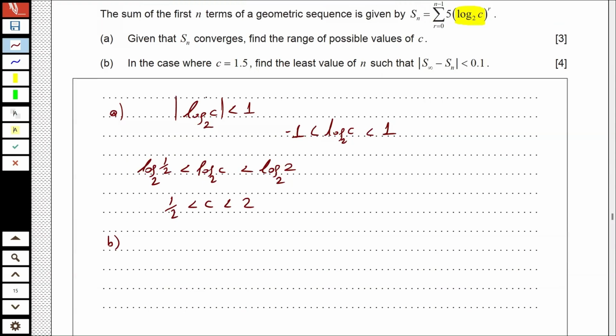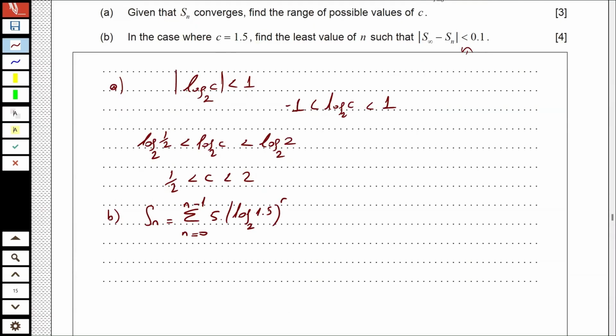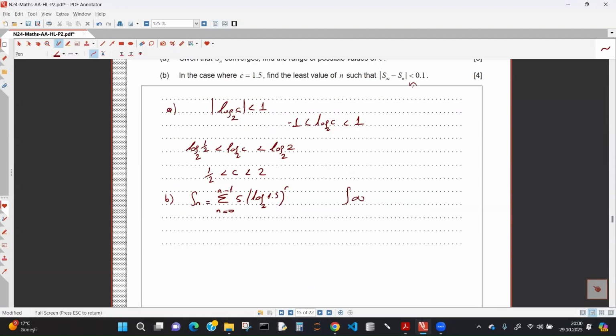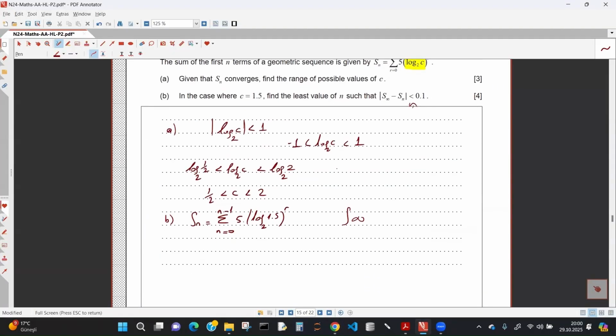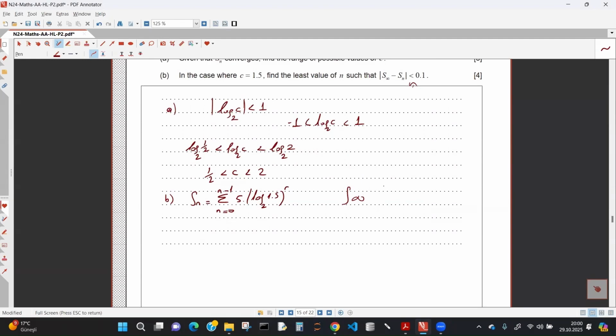The question: in the case where C equals 1.5, find the least value of n such that the inequality holds. So let's plug C into this expression, log base 2 of 1.5 to the power of r. So what is S, the sum of the geometric series if it goes to infinity?